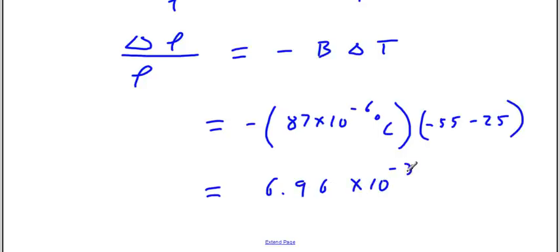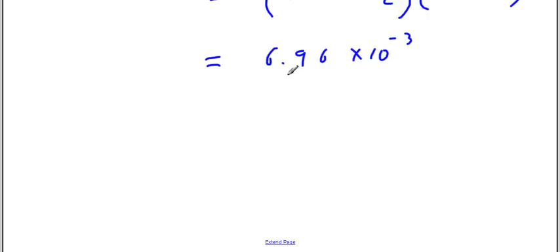And then I'm going to ask, what did the problem ask me to do anyway? It said, problem number 20, what is the fractional change in the density? All right, so that would be fine. That would be the fractional change in the density. Or if I wanted to, I could call it 0.7%. I could do that too.